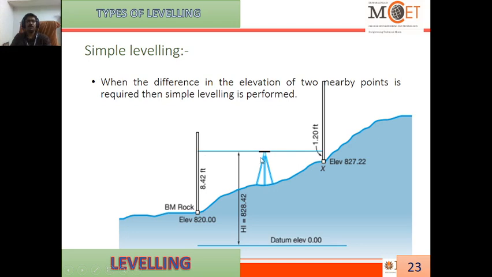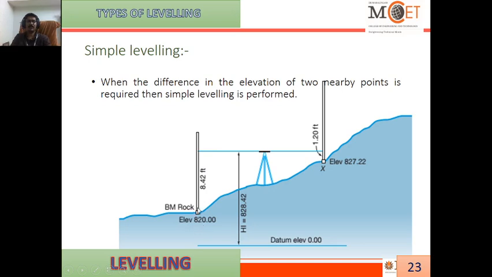One point may be the benchmark, whose elevation value is known. If you hold the leveling staff on that benchmark, after proper leveling and all the temporary adjustments, the reading is taken over the staff. Here it is mentioned in feet, but we are using the metric staff only, so you will obtain a metric value. You can note that value.